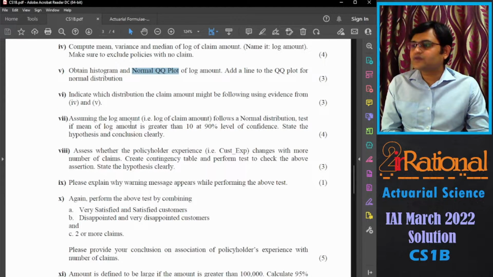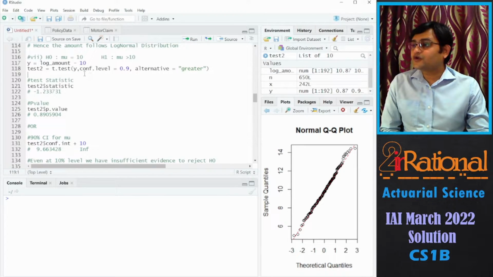Next part, assuming the log amount, that is the log of the claim amount, follows a normal distribution, test if the mean of log amount is greater than 10 at 90% confidence level. State the hypothesis and conclusions clearly. So for the 7th part, we will have our H0 being mu equal to 10 versus H1 being mu greater than 10.